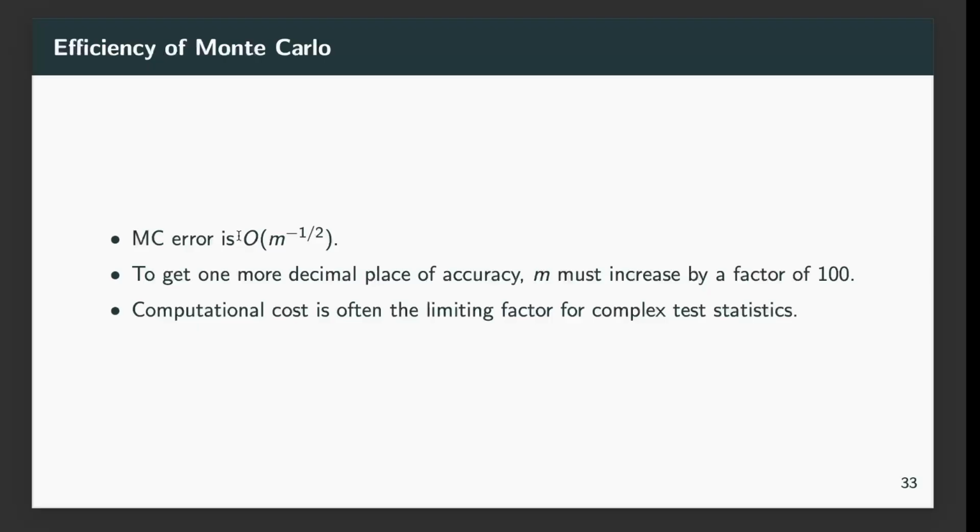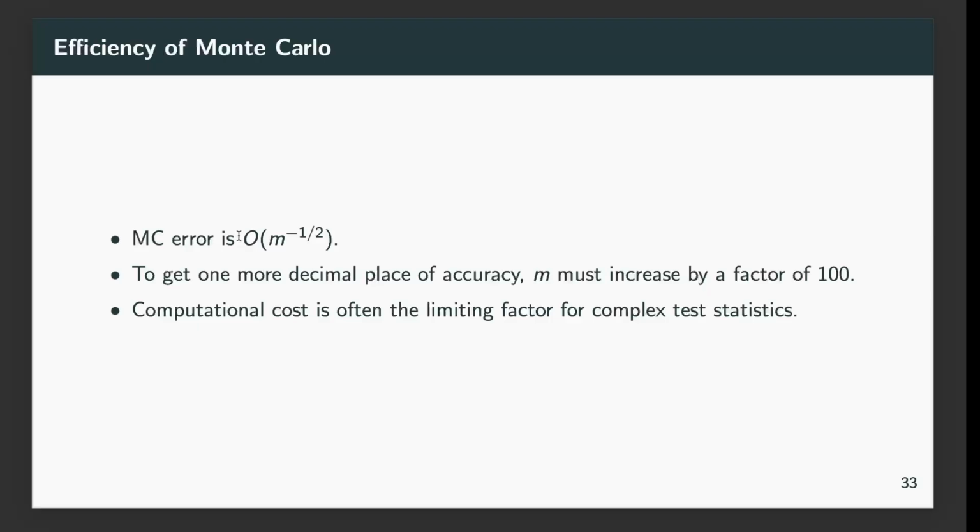So each additional decimal place requires a 100-fold increase in computation. From a practical perspective, this means there are diminishing returns to using a large number of m.